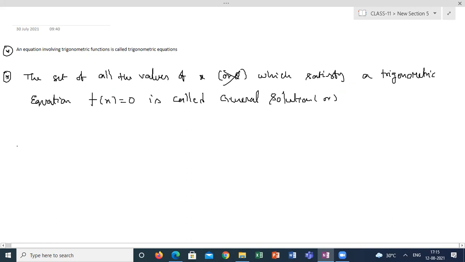Suppose I am giving tan x is equal to 0, what are the possible values of x? If I substitute in tan, the answer should be 0. Is it clear?